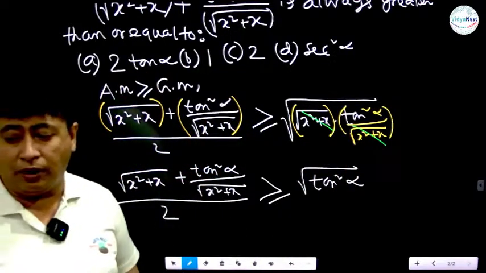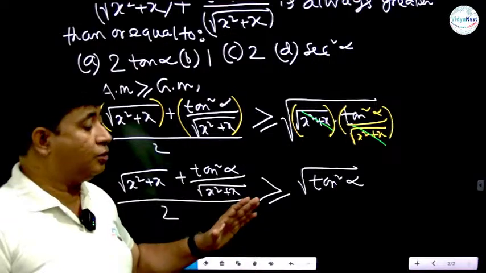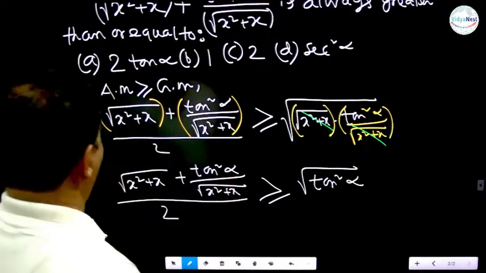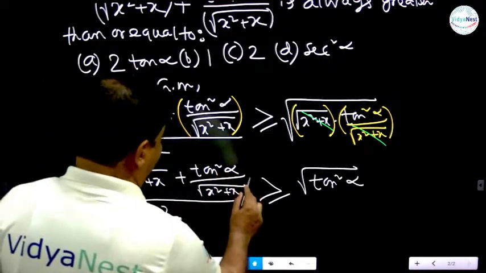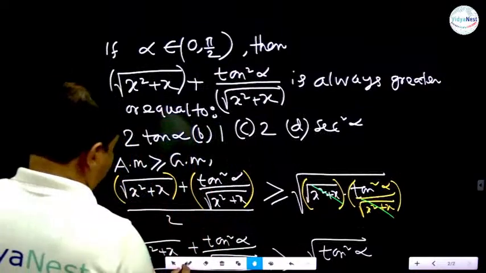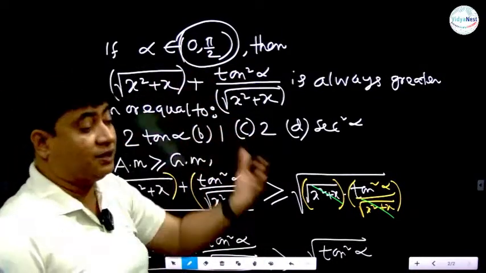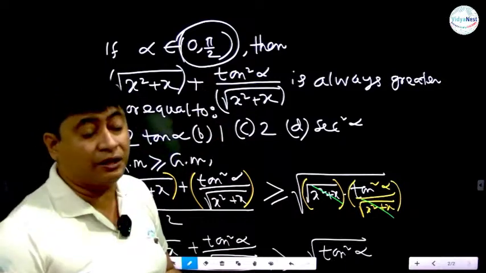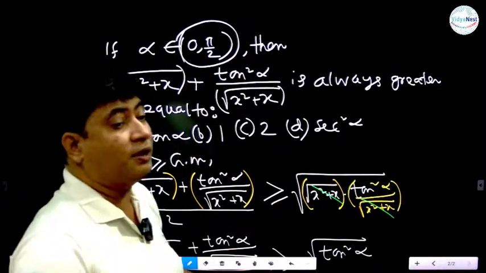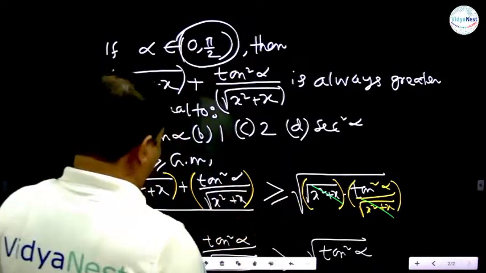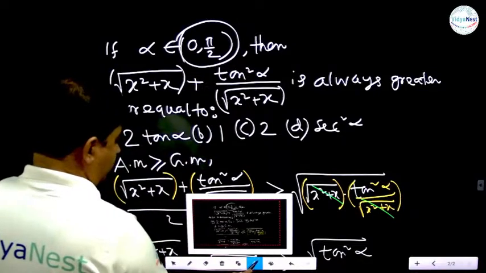Now, square root of tan square alpha, shall I write plus minus tan alpha? No. Why? Because you see alpha's interval is given as 0 to pi by 2, which means the first quadrant. Here all trigonometric ratios are to be considered positive.